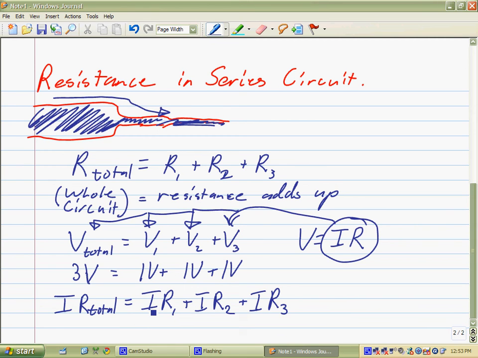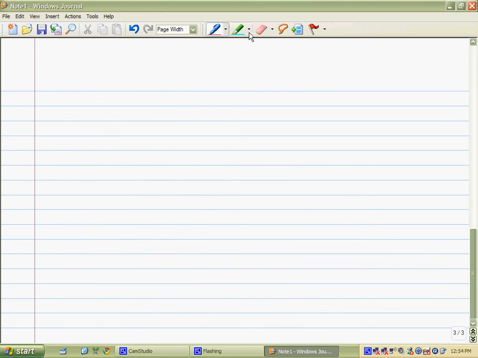But because I have I in every single term, those I's cancel out. I can divide both sides of this equation by I and get rid of all my I's, and that equation is going to simplify back to R total equals R1 plus R2 plus R3.